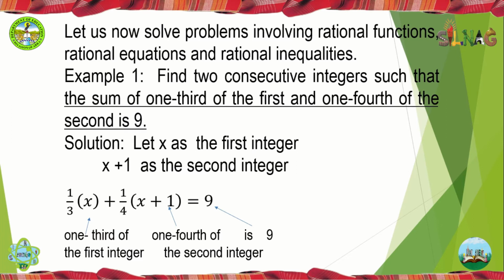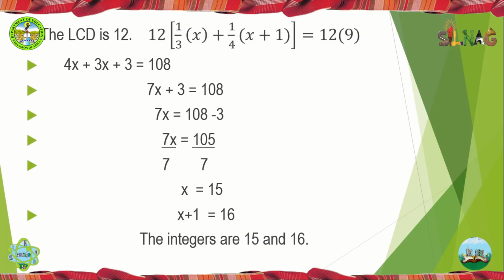And then, the result is 9. So, the LCD is 12. This is the first step in solving a rational equation. Then next, we multiply all members of the equation by 12.